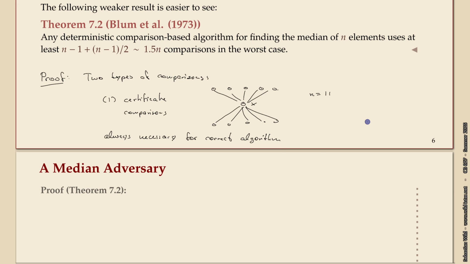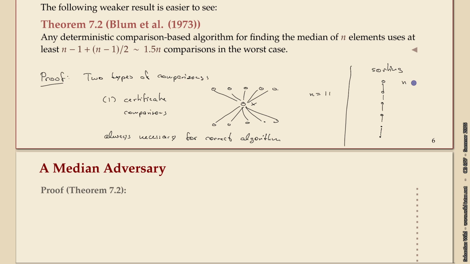If you think about it, what this was for sorting, you can also make the case if you want to sort a bunch of elements, you have to learn which one's bigger than the others. So you have to arrange them in some linear order. That's the largest, second, smallest, and so on, down to the smallest.